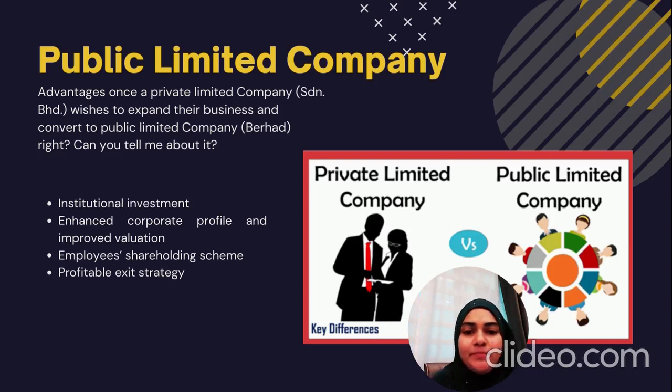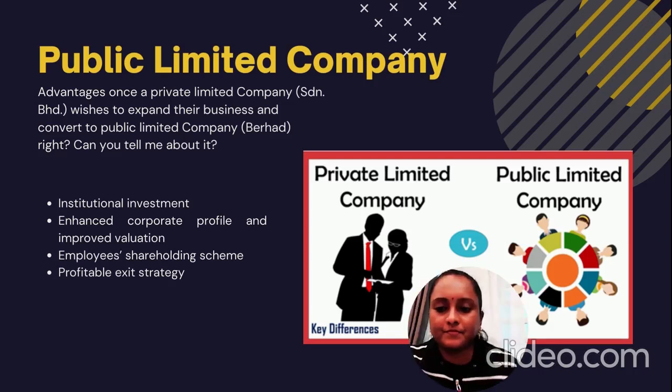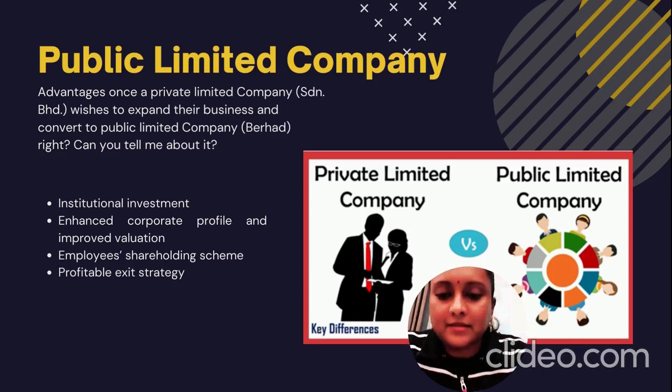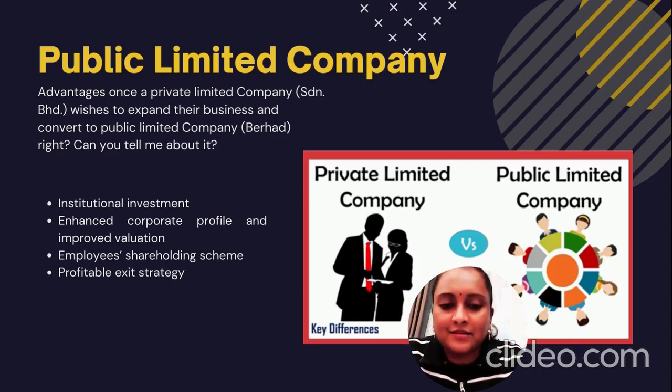A more complex administration can also lead to a slow decision-making process. However, despite the differences, there are advantages once a private limited company wishes to expand its business and convert to a public limited company, right? Can you tell me more about it?